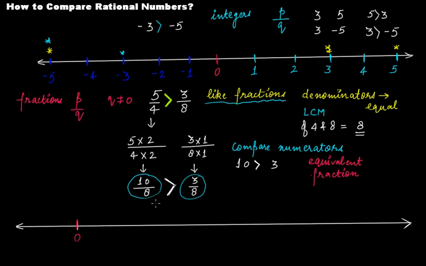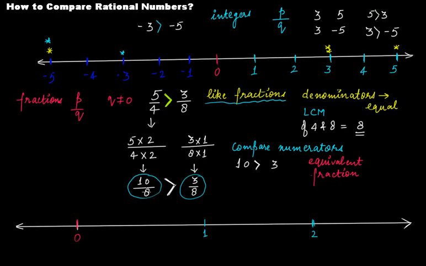Let's say 1 comes here, then suppose 2 comes here. I just magnified these two distances so that we can have a better understanding. This is 0 to 1, then 1 to 2.